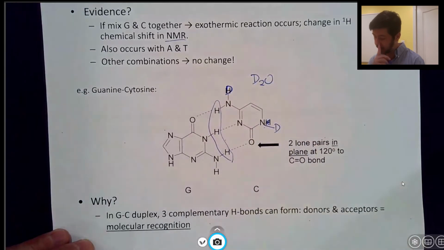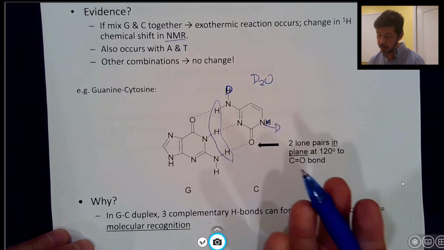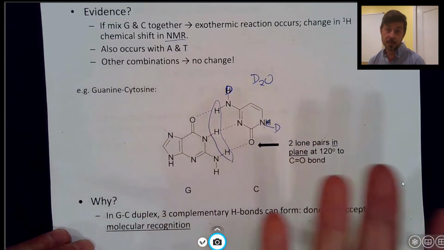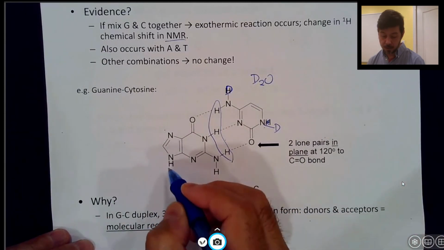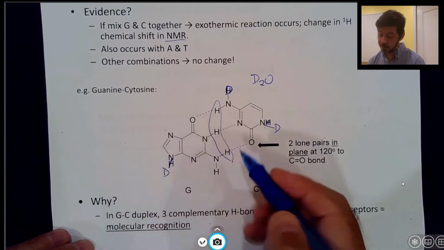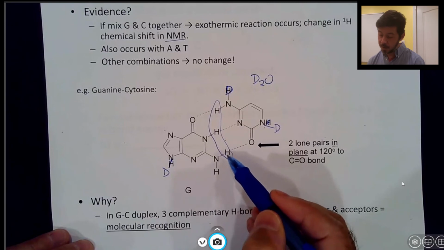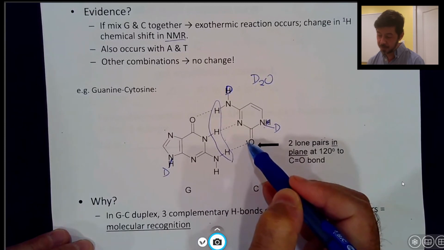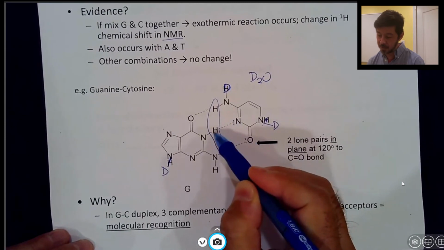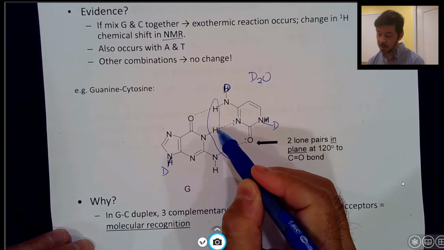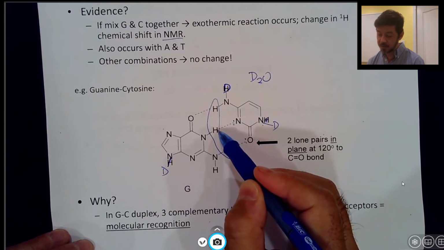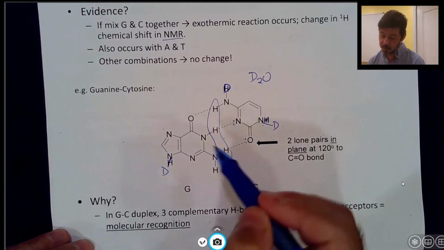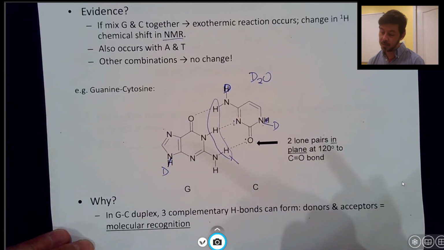So everything will be saturated in deuterium, and deuterium, as you know, will not show up on the proton NMR spectra. However, if there's a hydrogen bond here, these hydrogens are locked between the acceptor and donor. These hydrogen bonds are really glued in, and they're much slower at exchanging with deuterium, so you can actually see these on the NMR timescale.